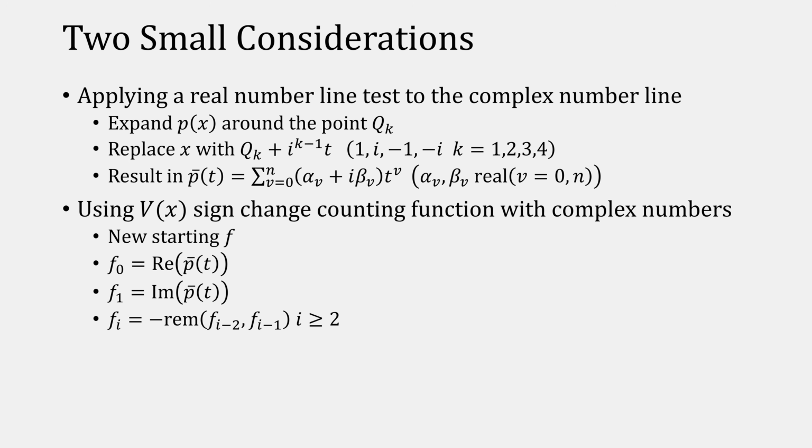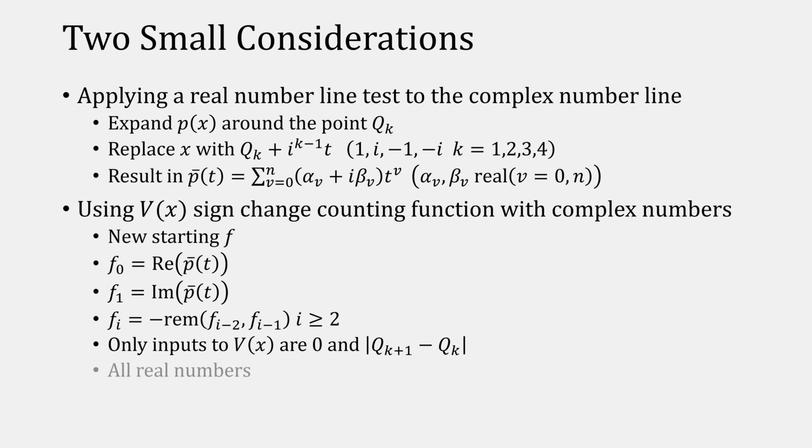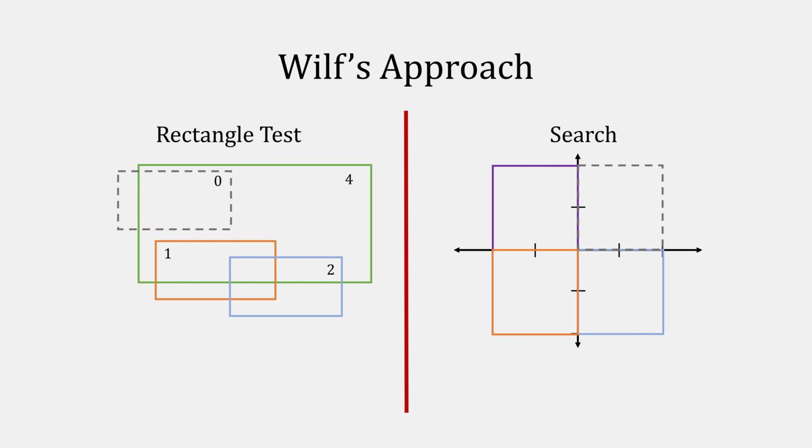Then the rest of our Sturm sequence is the same with the remainder division, meaning the only inputs into our v function are 0 and the distance between q sub k plus 1 and q, meaning all of our numbers are real. You don't actually have to make v work with complex numbers. And so Wilf was able to apply Sturm sequences and generalize them to the complex plane.